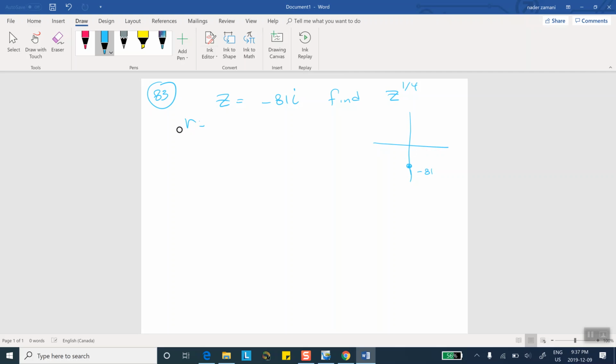So your modulus is going to be 81. Is that the distance? 81. And your angle, just look at it. The angle is going to be, for example, minus pi over 2. So Z is equal to 81 cosine of minus pi over 2 plus i sine of minus pi over 2.